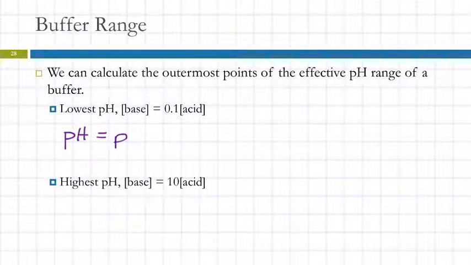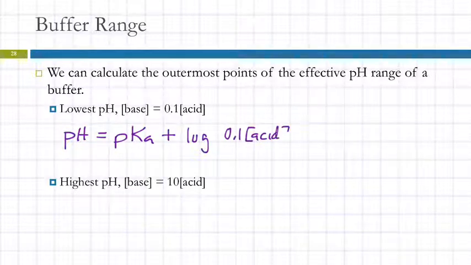So pH equals pKa plus the log of the base concentration over the acid concentration. Well, here the base concentration is 0.1 times the acid concentration. So that's the base concentration. The acid concentration is, well, the acid concentration.